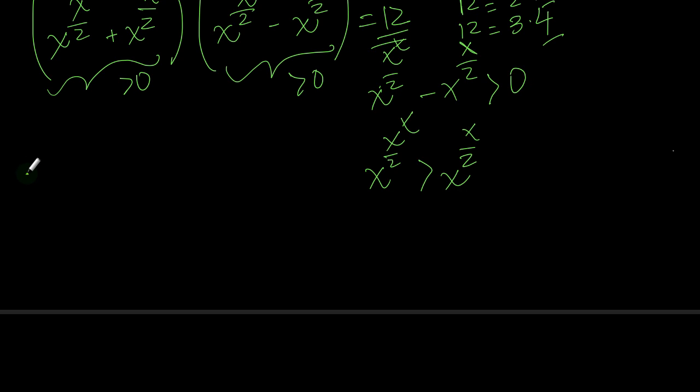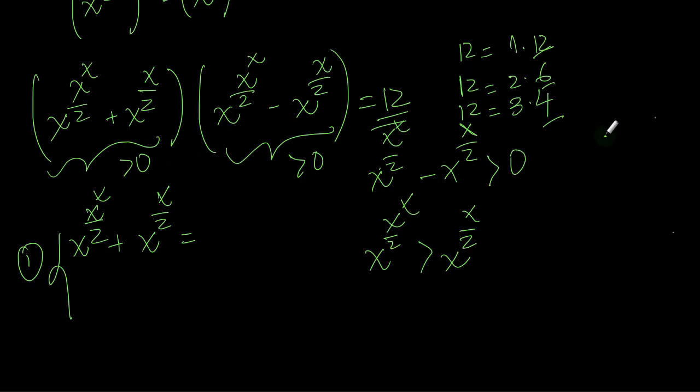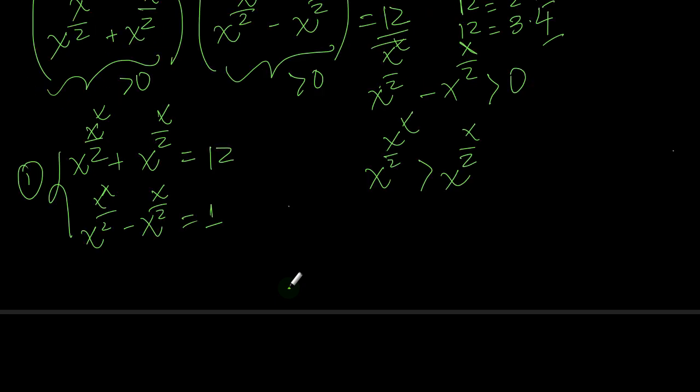First, we have x to the x over 2 plus x to the x over 2 equal to 12, and x to the x over 2 minus x to the x over 2 equal to 1. This is our first equation.